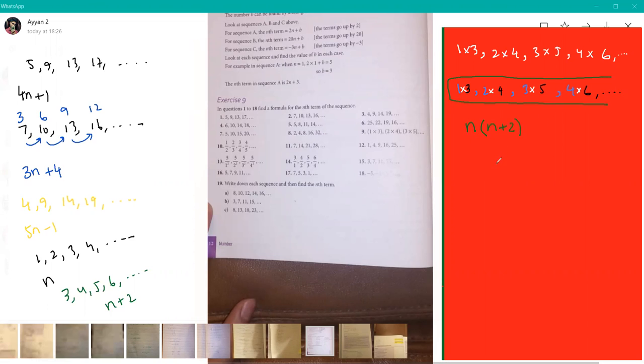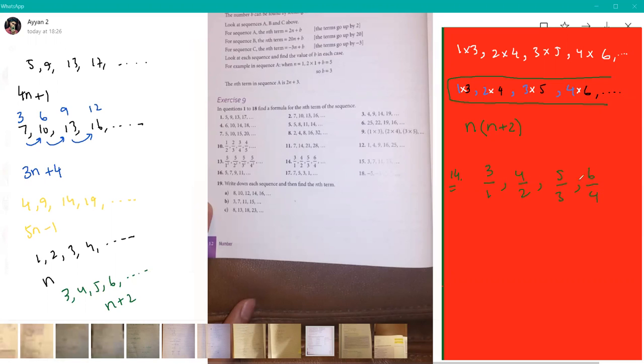Okay, look at this. Question number 14, it's the same, by the way. The numerators are the ones written in black over here, and the denominators are the ones I have written in blue. This is 3 over 1, 4 over 2, 5 over 3, 6 over 4.